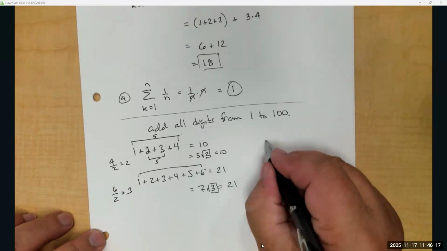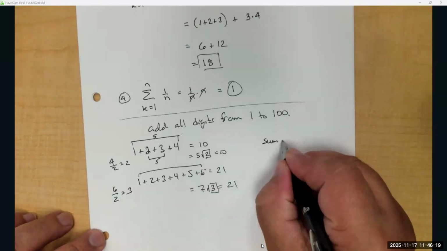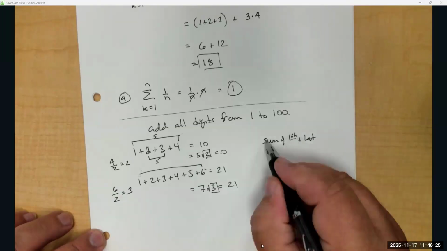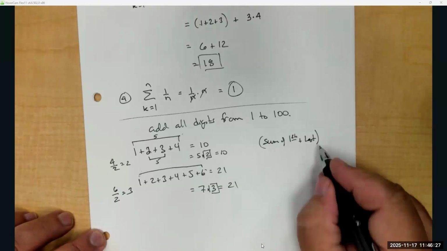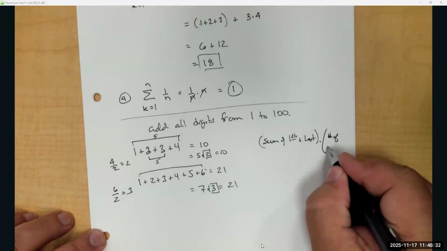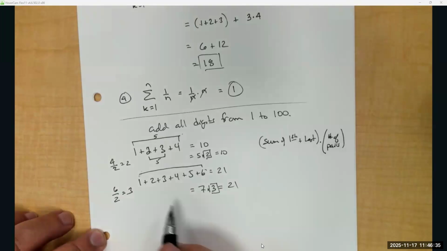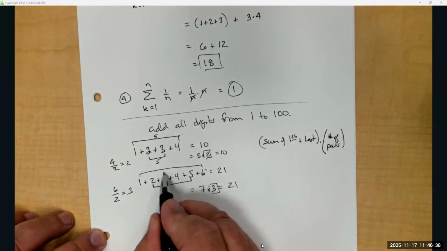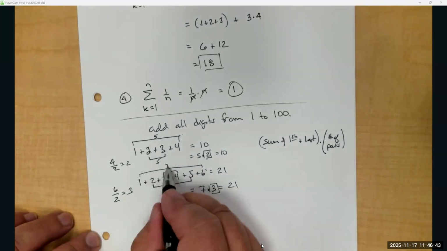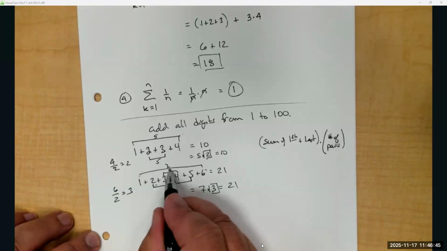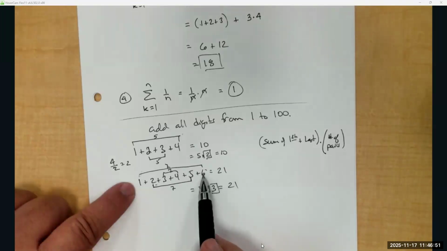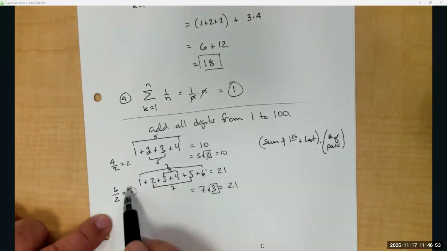So what he did was the sum of first plus last times the number of pairs. Because you notice every one of these pairs, as we go down, all equal 7. So 1 plus 6 is 7. 2 plus 5 is 7. 3 plus 4 is 7. So they're all made up of 2 numbers. So if we have 6 numbers, that means we have 3 pairs.